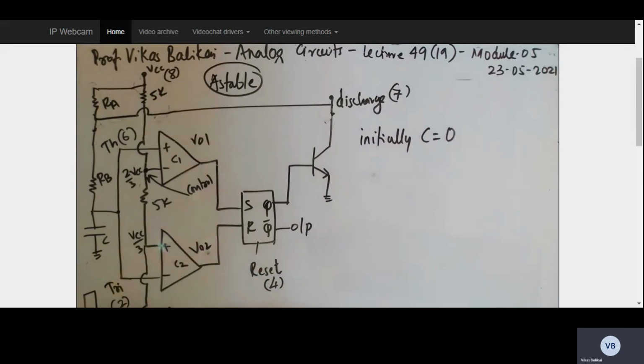As the trigger voltage increases, the voltage here also increases. But initially, when I start applying the trigger, the voltage at the non-inverting terminal is at plus VCC by 3, and the voltage at the inverting terminal is held at 0.